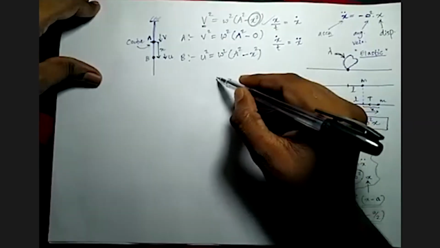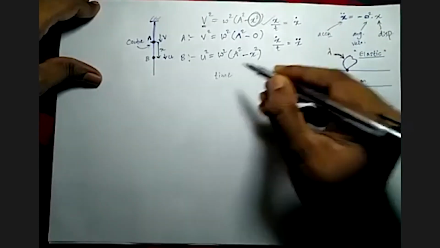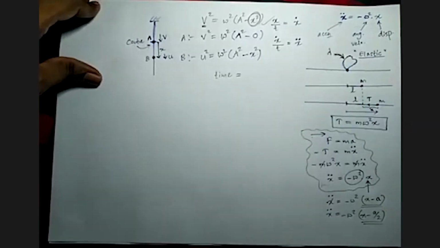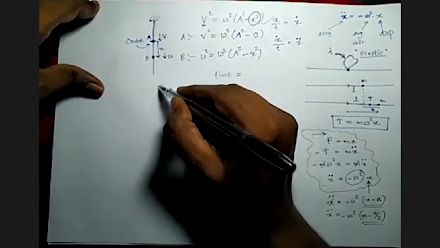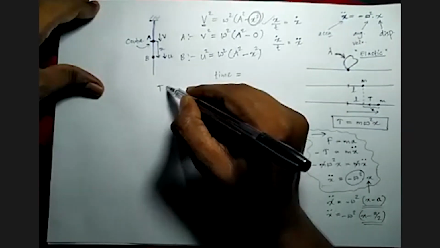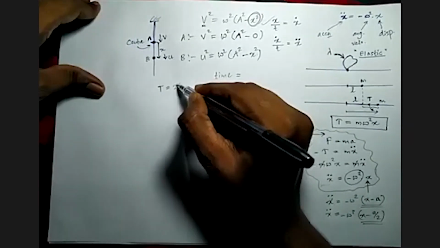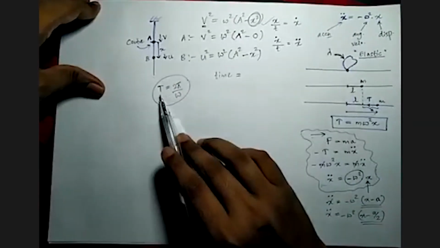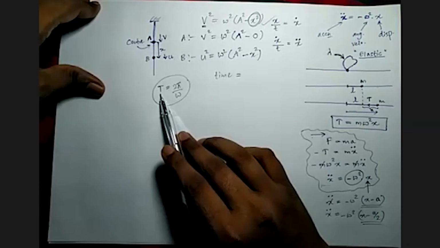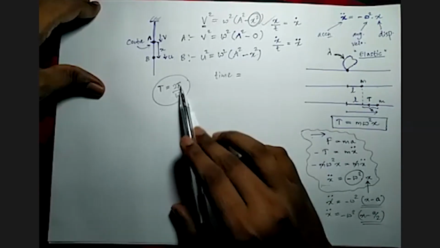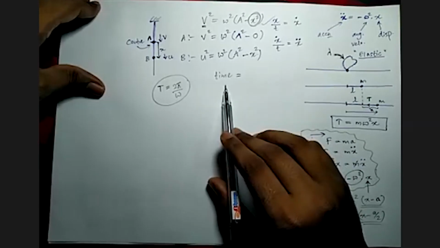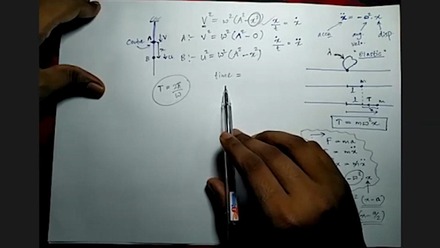The third equation is regarding time. In simple harmonic motion, you have to measure time. Under physics, you have T, capital T equals 2 pi over omega. The period of motion is equivalent to 2 pi over omega. So in applied maths, we have to calculate the time of motion.